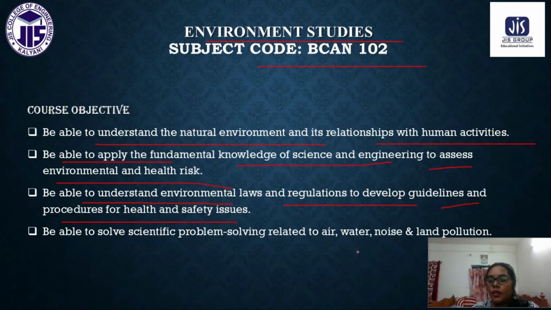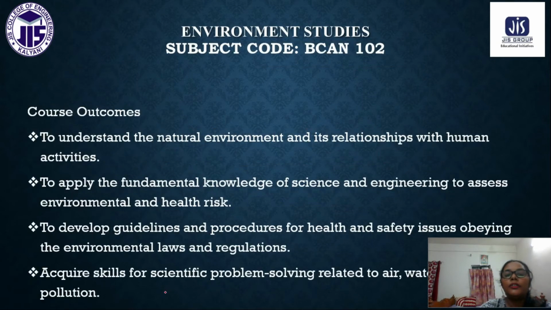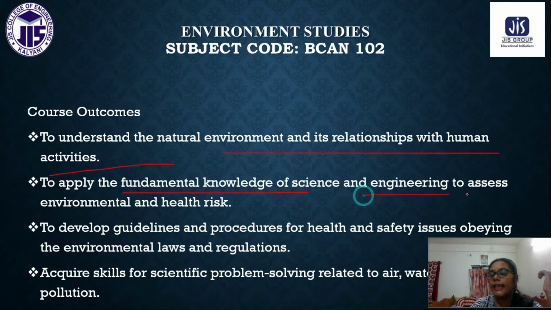Now these are some of the course outcomes that we have for our course, environmental studies. So to understand the natural environment and its relationship with human activities, you can apply the fundamental knowledge of science and engineering to assess the environmental and health risks.